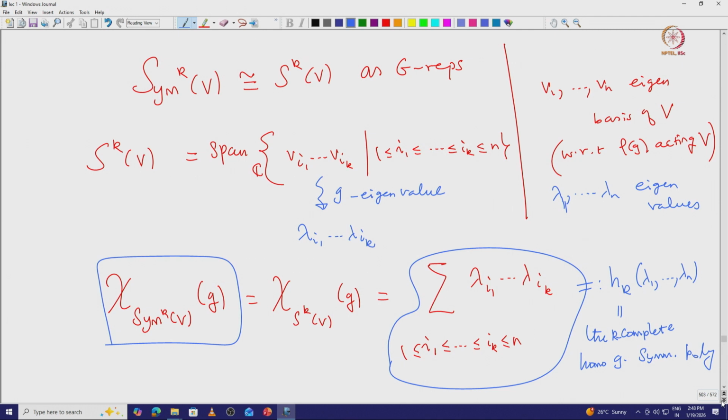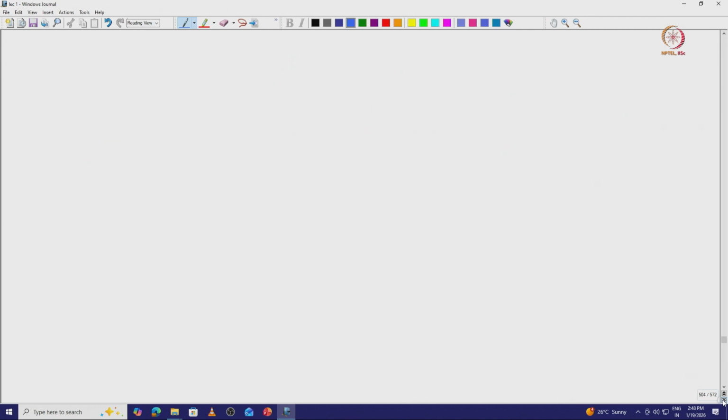So, let us see how one can simplify this further. If we are computing this graded character, the graded character is given by the summation, k ranging from 0 to infinity, of chi of Sym^k V of g times t to the power k. This is what we want to compute. By definition, this is equal to the summation from 0 to infinity of h_k of lambda_1 etc. lambda_n t^k.